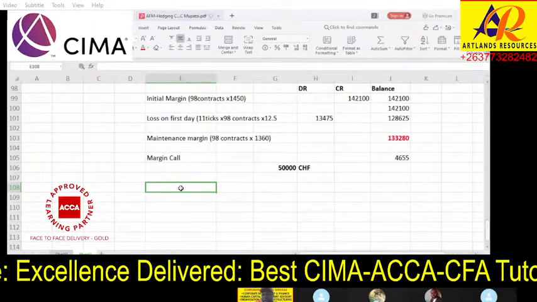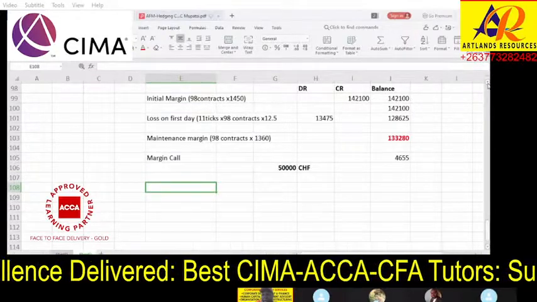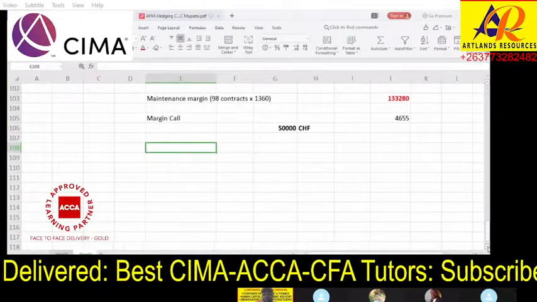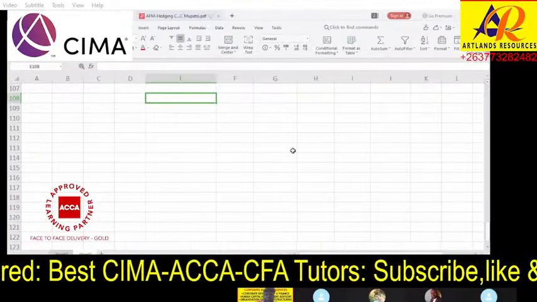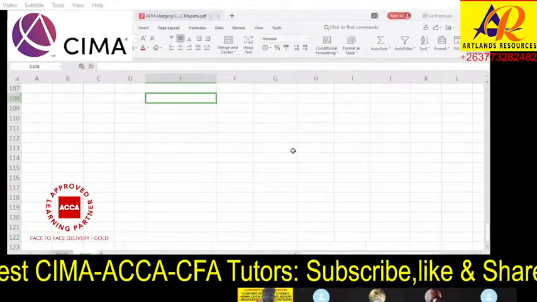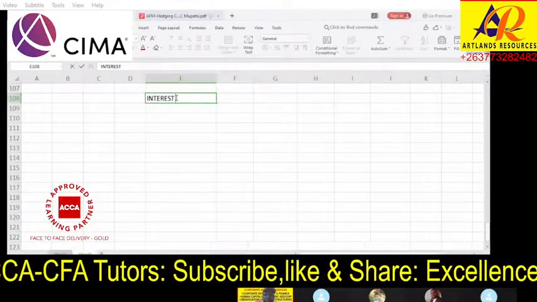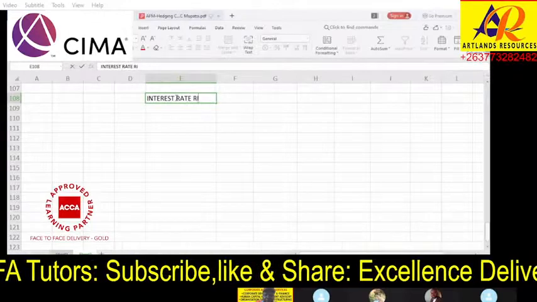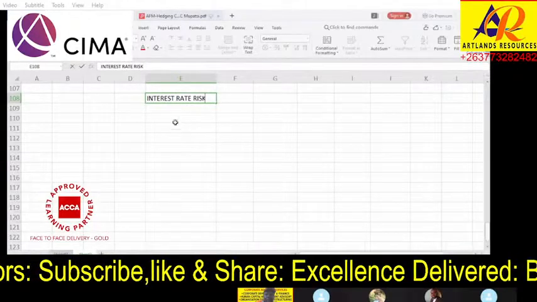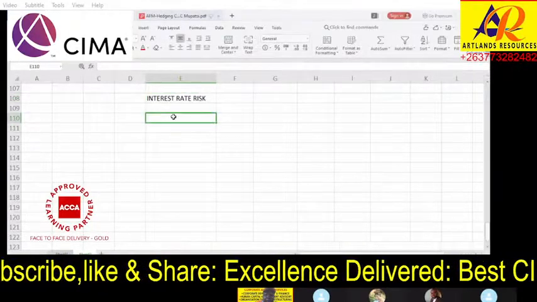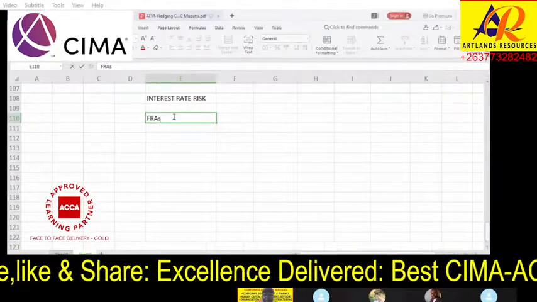Remember, this mostly concerns currents. So let us now say interest rate risk. There are various ways, but let me start with FRAs, forward rate agreements.